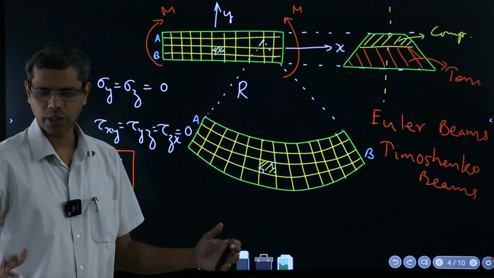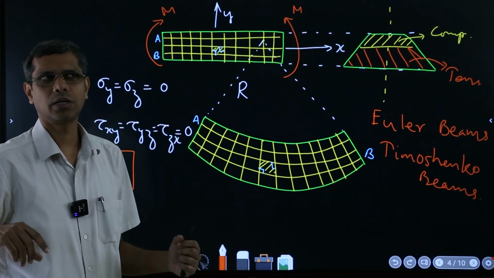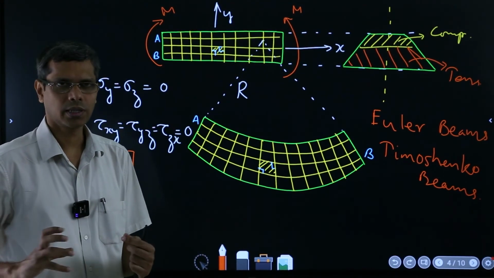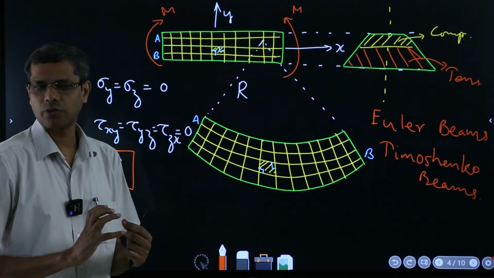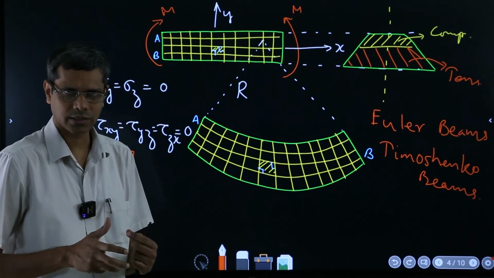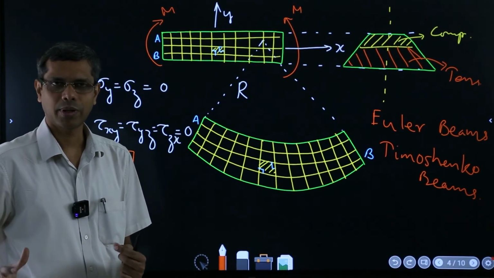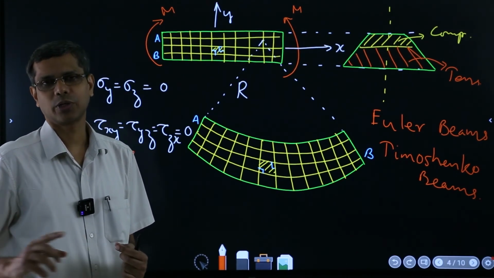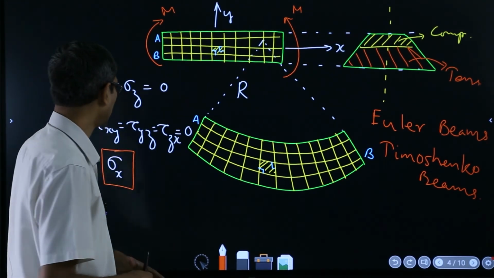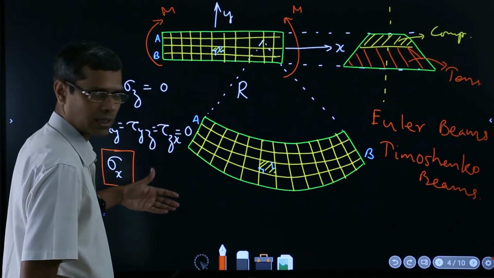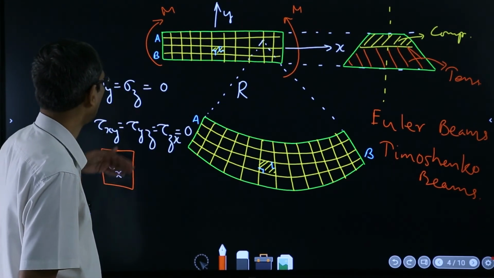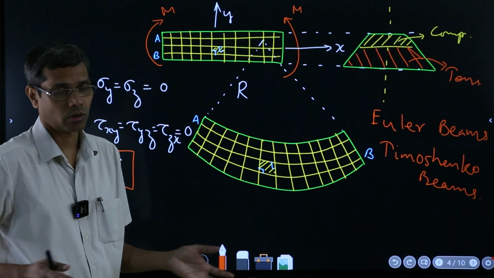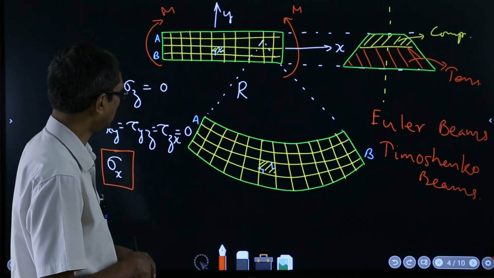We applied a torque, and we tried to correlate the distribution of the shear stress depending on the applied torque. Similarly, the twist which happened with respect to this applied torque. Similar things we will do for this condition, the distribution of sigma as a function of M, which we will figure out.